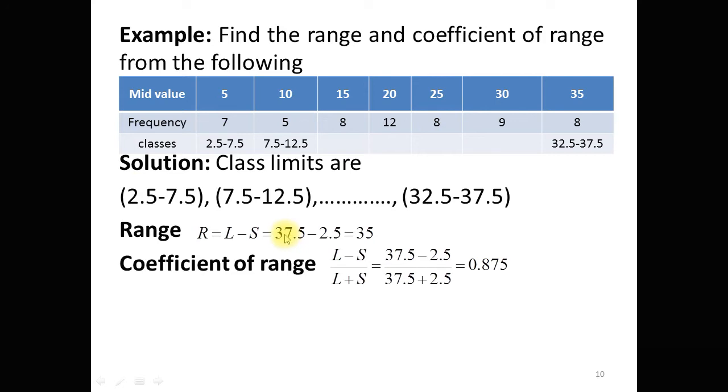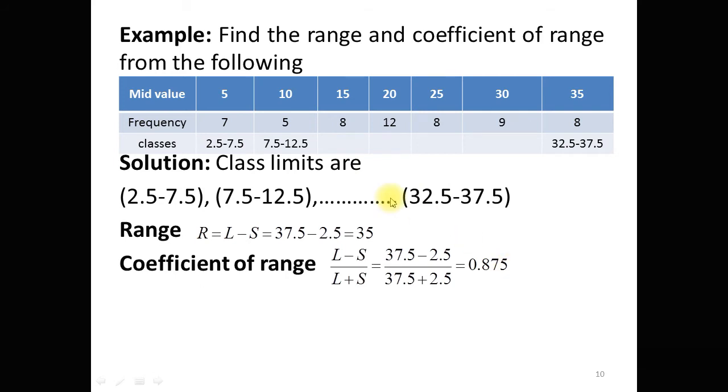So 37.5 minus 2.5 is equal to 35. So this is the range for this group data. Now the coefficient of range is equal to L minus S divided by L plus S. So 37.5 minus 2.5 divided by 37.5 plus 2.5, which is equal to 0.875.